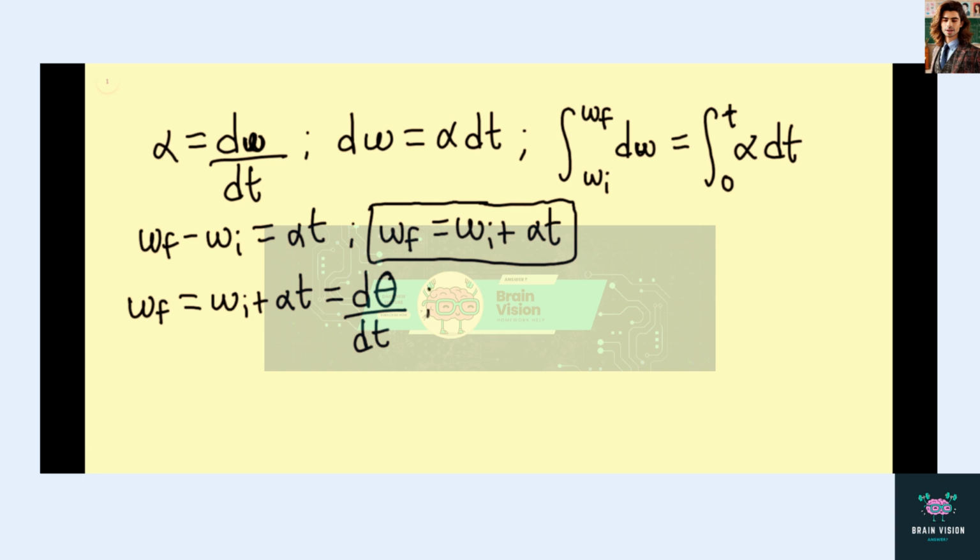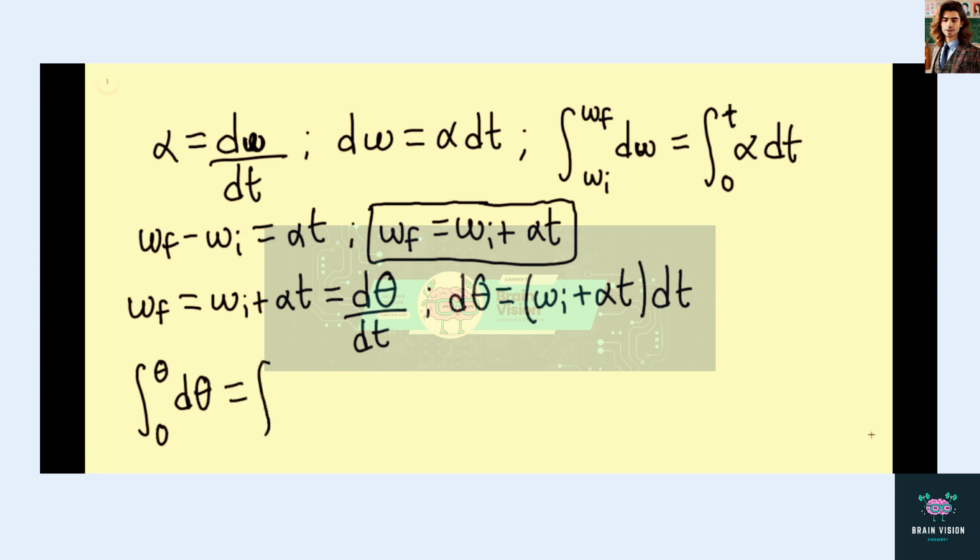We can then algebraically manipulate this and say d theta will equal omega initial plus alpha t times, again, dt. And now we have to integrate once again. Integrate from 0 to theta of d theta. This would be equal to the integral from 0 to t for omega initial plus alpha t times dt.